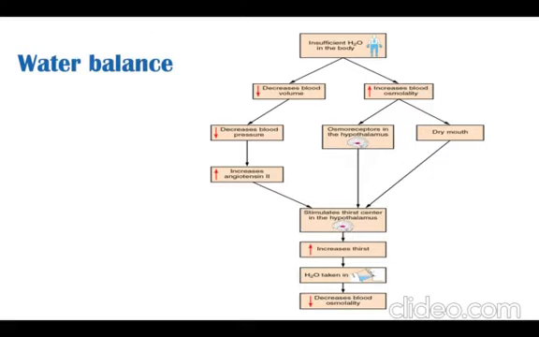As the blood becomes more concentrated, the thirst response, which is a sequence of physiological processes, is triggered. So there are the functions of osmoreceptors. Osmoreceptors are sensory receptors in the hypothalamus that monitor the concentration of solutes.